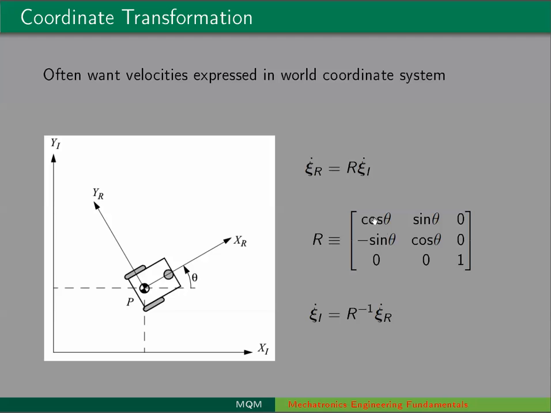So our kinematic constraints earlier, we wrote them in terms of psi dot R. For example, in this case, the robot can go forward in the x sub r direction, and its velocity in the y sub r direction is 0. But from now on, we're going to work with the inertial frame.